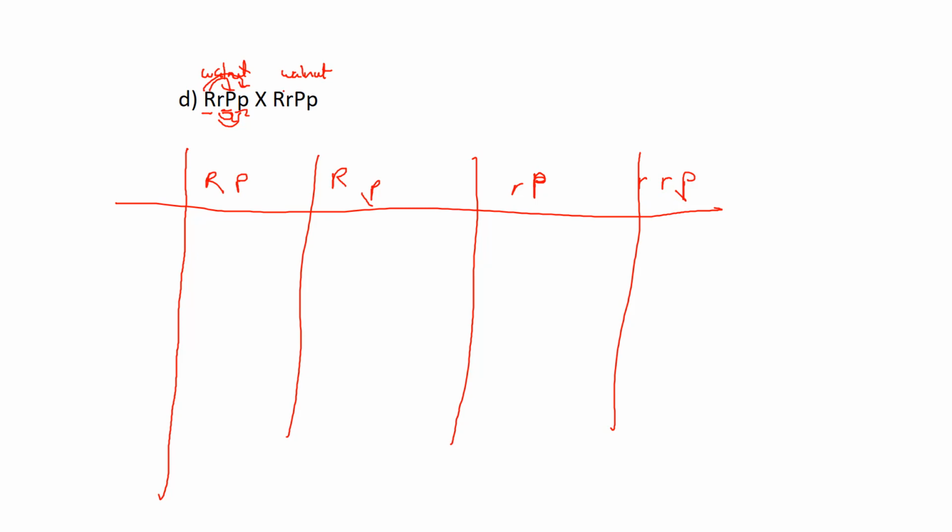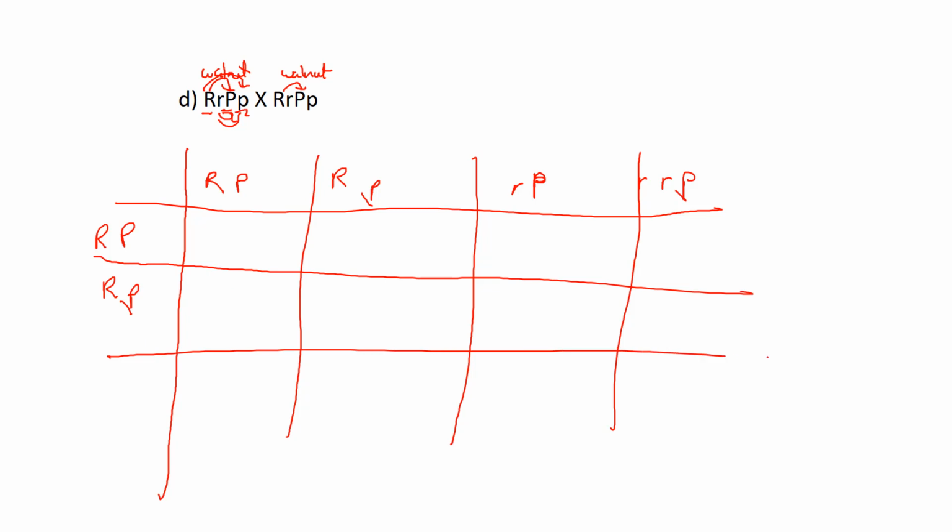Okay, and same thing for the other parent. I'll just speed this up as much as we can. Same thing. Okay, and then we're going to bring these guys together.